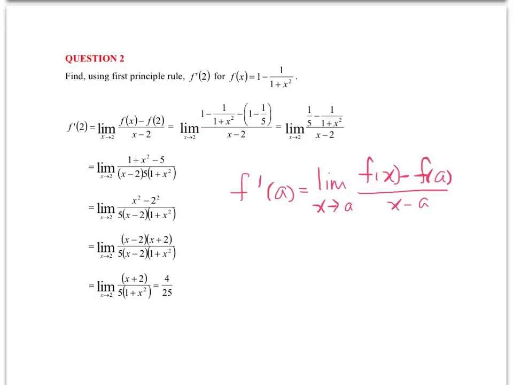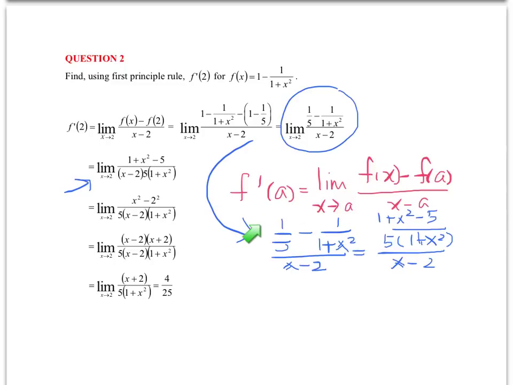Some of us would be curious about how we actually got this, and to reach this stage here, I want to show you that 1 over 5 is really this. When you look at the 1 over 5 and 1 over 1 plus x squared, you combine them into one big rational expression. You have this.